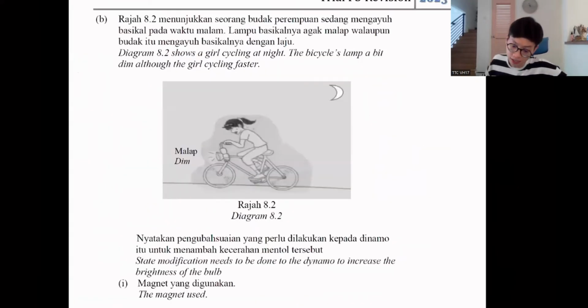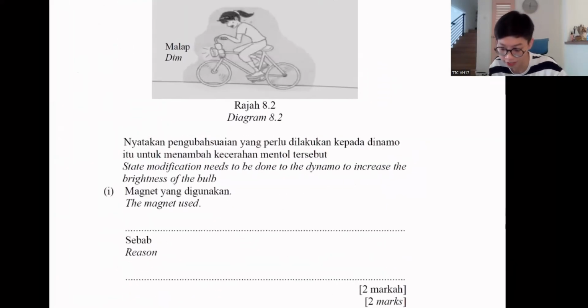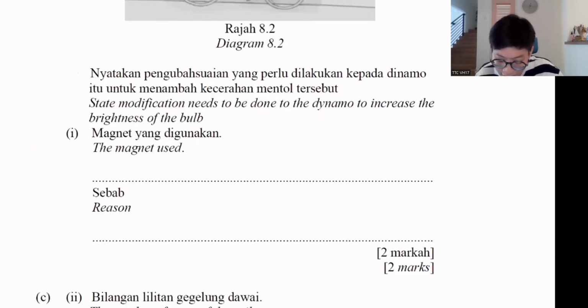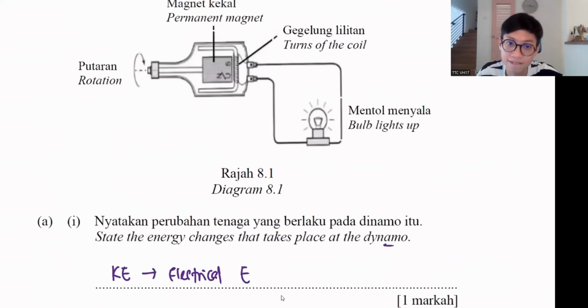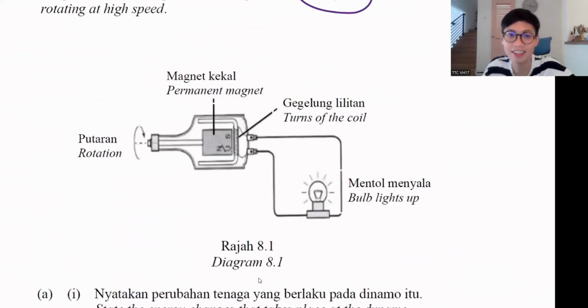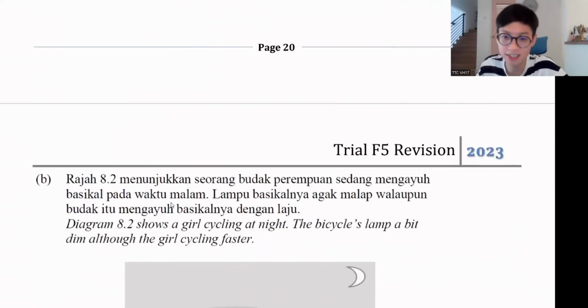Here, this is a girl cycling at night, a bit dim, although the girl is already cycling faster. So what can I do to change this, guys? Anybody? Okay, I see all these people like to memorize answers.